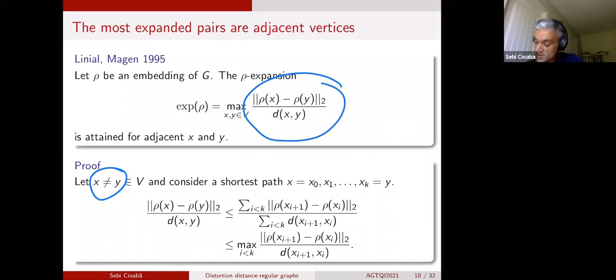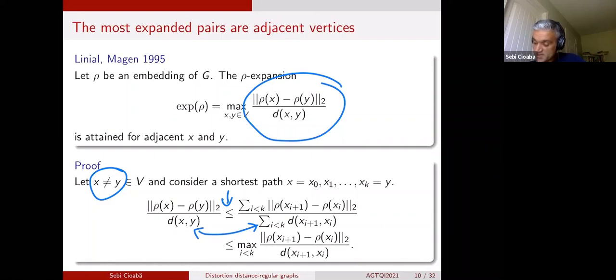If you take this shortest path, you can apply the triangle inequality, like the first inequality here. You have the triangle inequality in R^m on the top, and at the bottom, these two things are the same because the distance between x_{i+1} and x_i is 1.